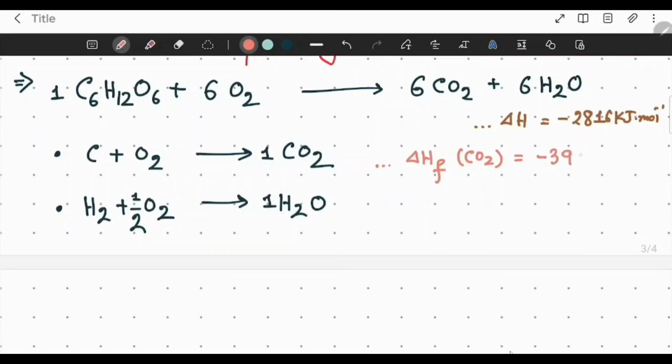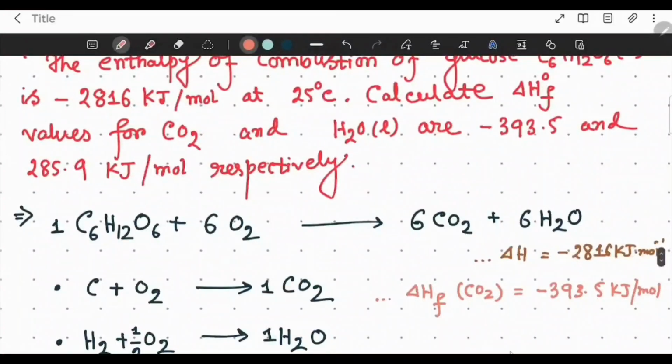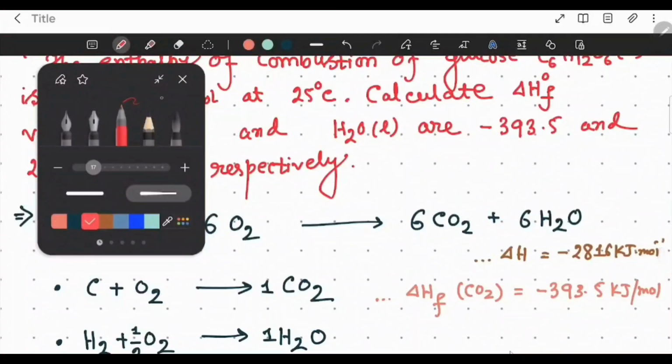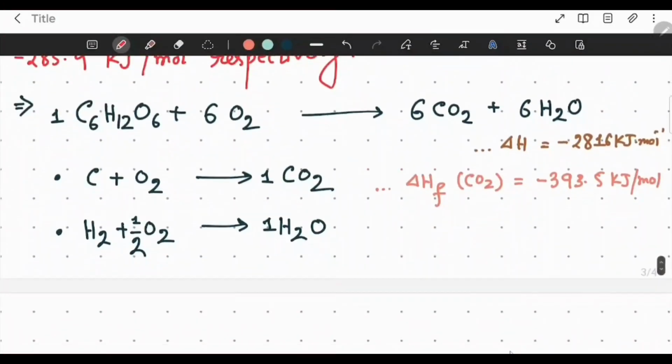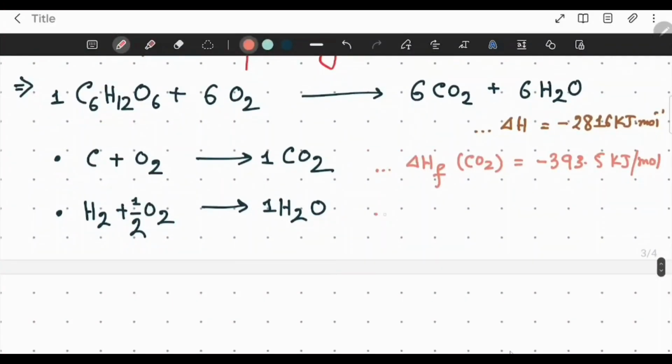Minus 393.5 kilojoule per mole. And for this case, the del H formation for H2O is given as minus 285.8 kilojoule per mole.